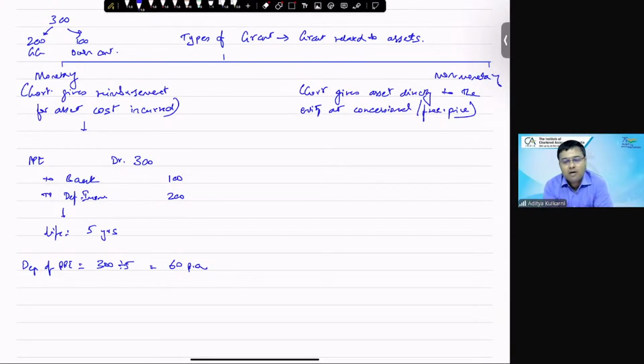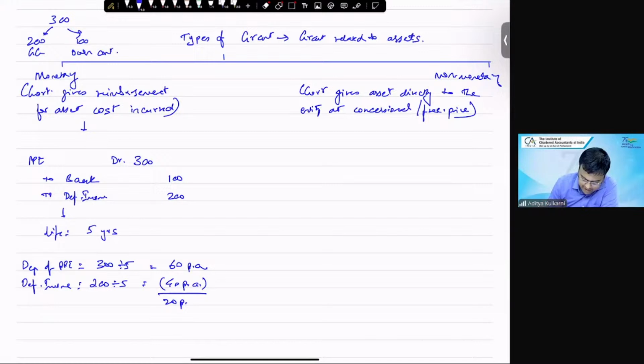And correspondingly, जो 200 का deferred income है, over 5 years I will take it as income, 40 per annum. So net expense in the P&L will be 20. Are we okay with this? Yes, sir. ठीक है.